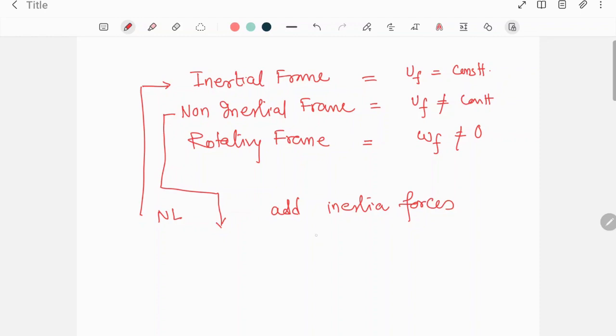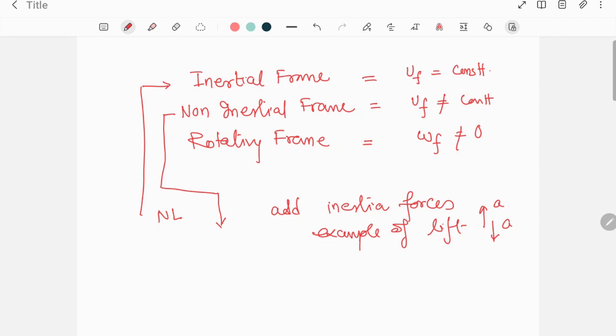An example is a lift. If your lift is accelerating up or down, like it is going up or down with an acceleration, you cannot directly apply Newton's law. You have to compensate for this.